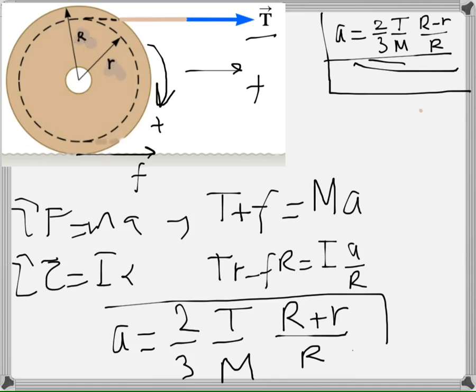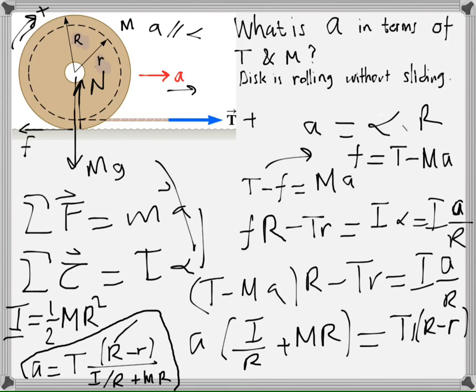So we have a larger acceleration. If you pull the spool from the top, with the same force T, it will have a larger acceleration than in this case. In this case, it will go with a smaller acceleration.